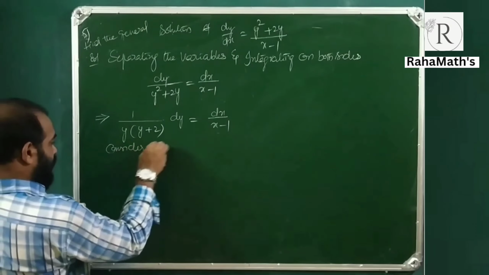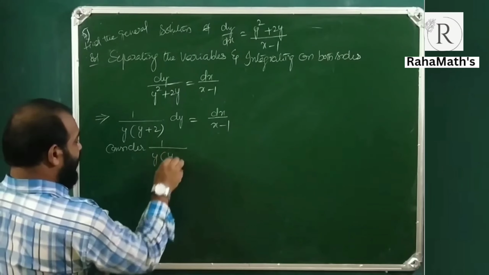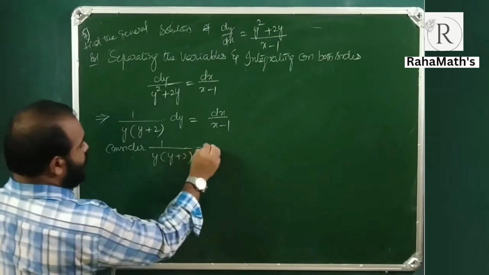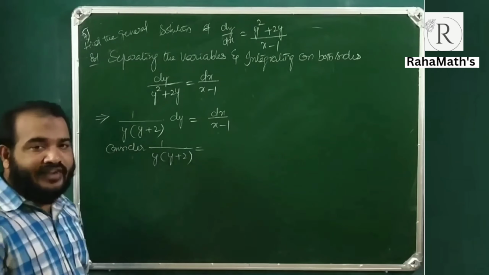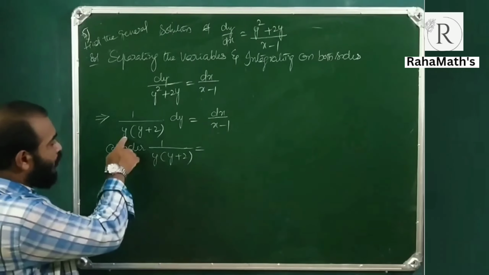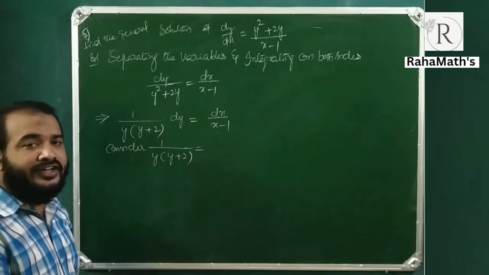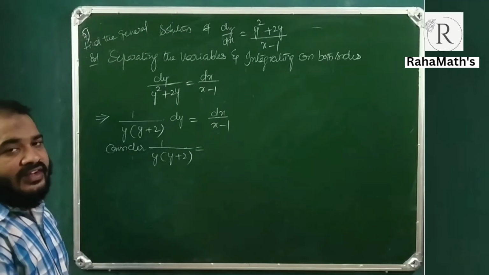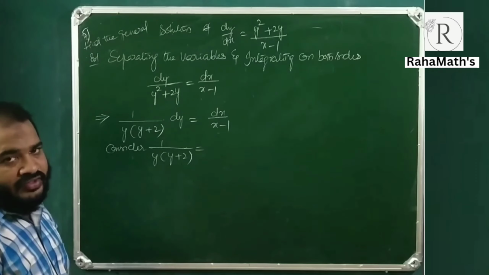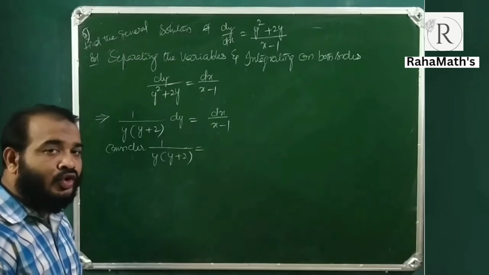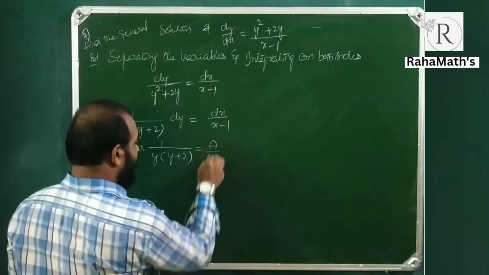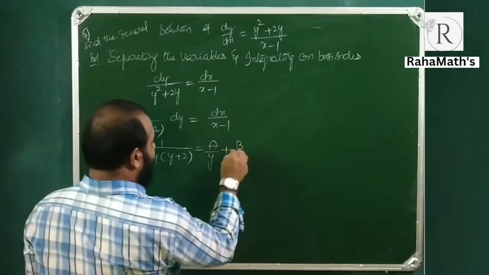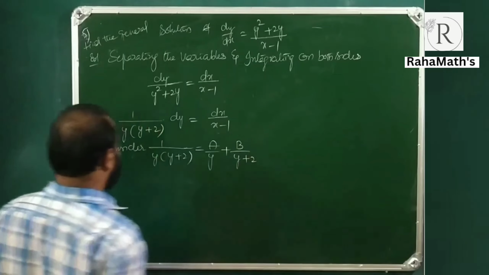Consider 1 by y(y + 2). This is again a proper fraction, so partial fractions can be applied, and the denominator contains two non-repeated linear factors. Since two non-repeated linear factors are there, we have to take two constants into consideration. Therefore, this is a by y plus b by (y + 2).